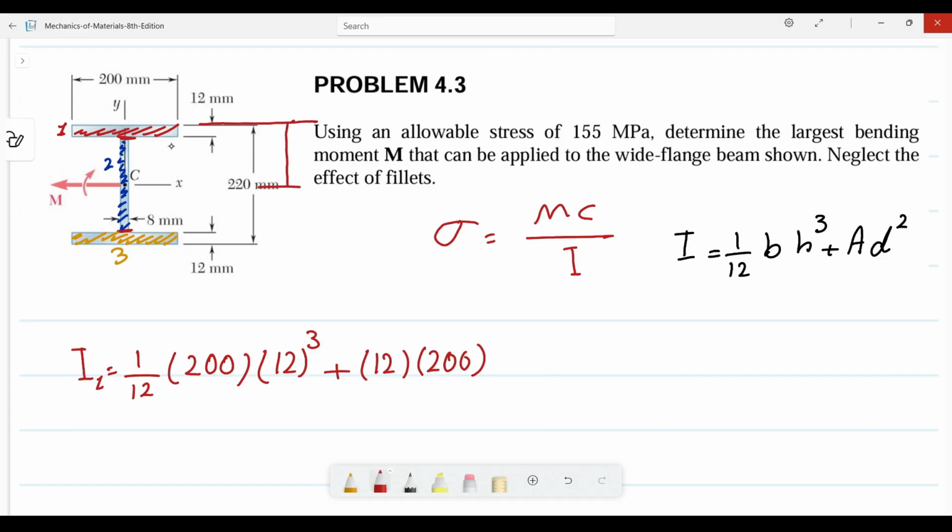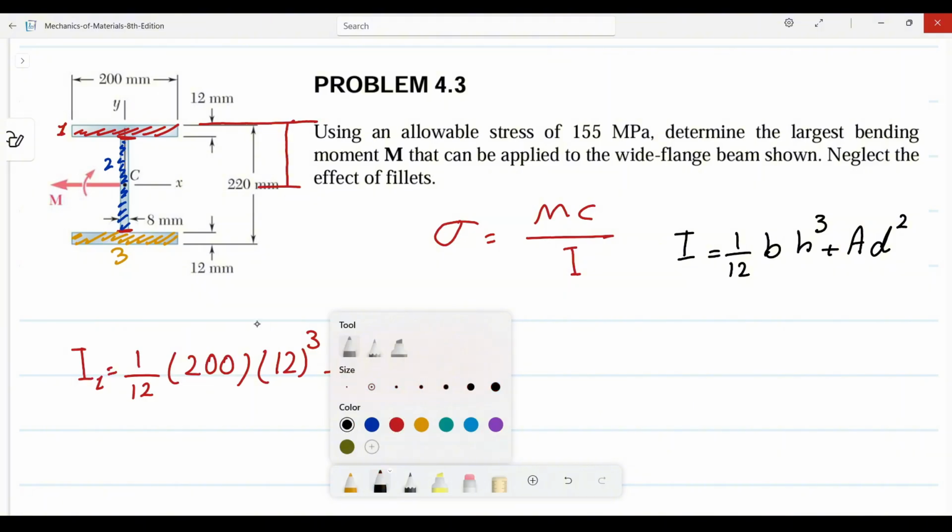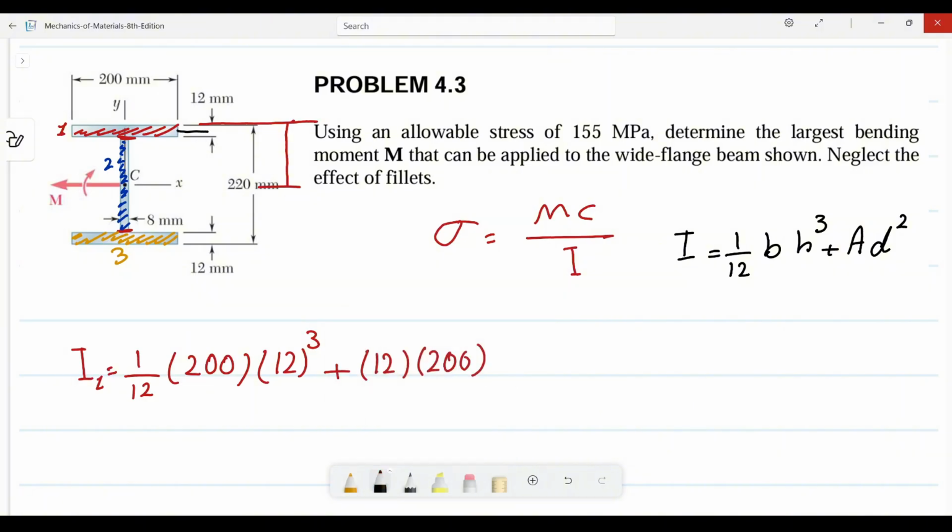this part minus the center of this rectangle.